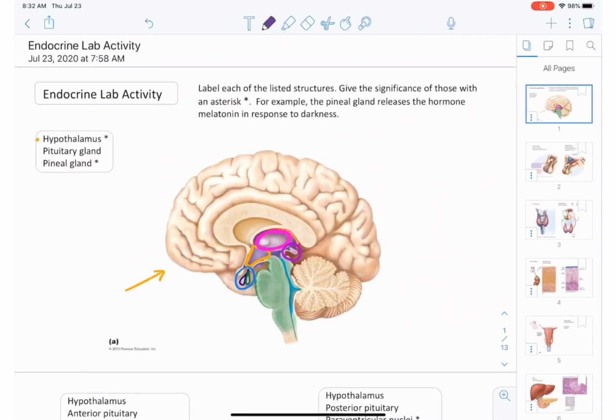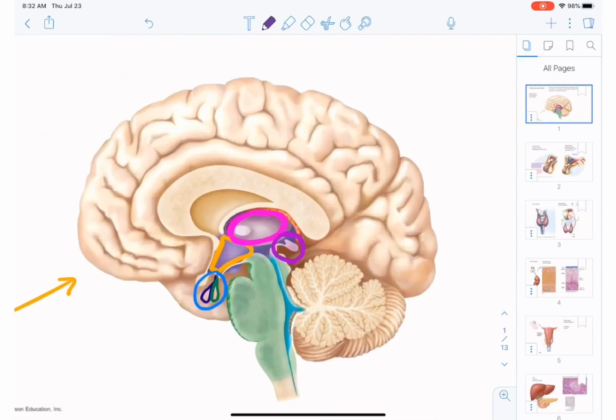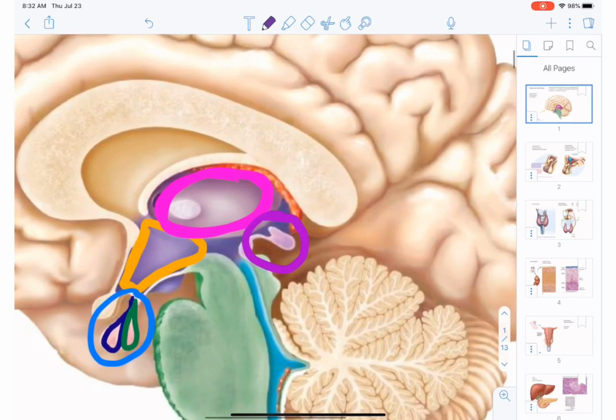And lastly, we have the pineal gland. And the pineal gland is located in the epithalamus region of the brain. And that's the pineal gland right there. So what's this endocrine gland going to do? Well, the pineal gland produces the hormone melatonin, and it does this in response to darkness.